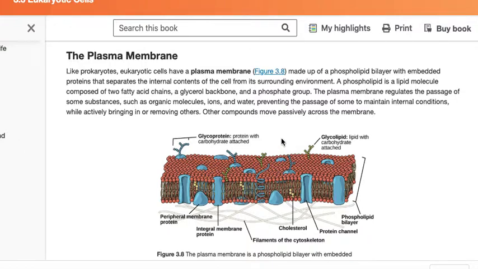And then there's these protein layers that go through it, and then there's charged particles. Charged particles sometimes have a hard time crossing because they're also polar. All right, let's move on.